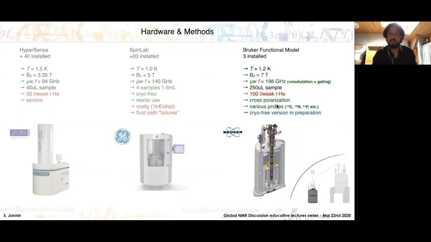It includes some of the most recent features, such as cross polarization at low temperature, and it also enables to change probes from carbon to nitrogen to phosphorus. The main drawback is the very high helium consumption of this machine. And I think, I'm not sure I can say that, but since we're on the internet, it's very safe. So I think there is a cryo-free version in preparation for this machine.